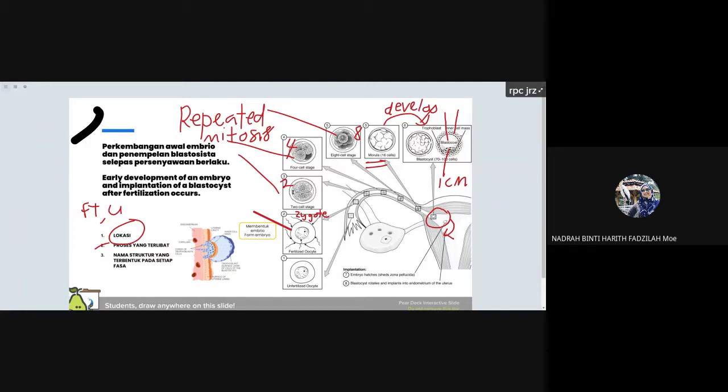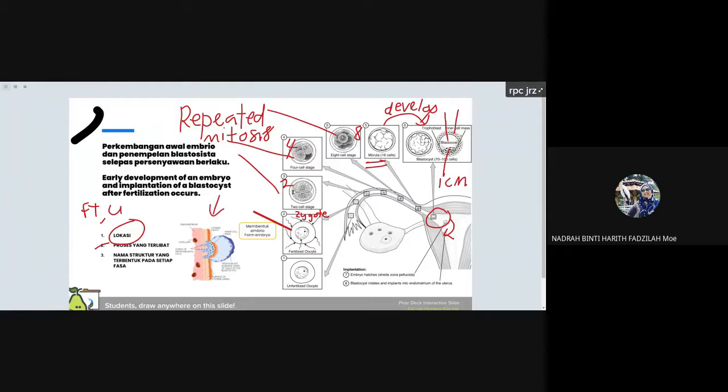The embryo is ready for implantation, and the uterus wall atau the endometrium is ready, enriched with blood vessels to support implantation and the growth of inner cell mass untuk jadi fetus. Inner cell mass tu yang akan jadi fetus. Macam gambar yang dekat sini lah ya, gambar color kat situ ya.